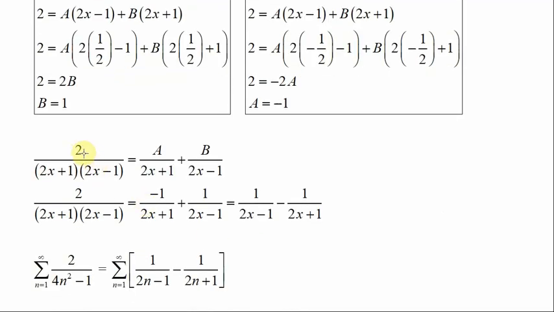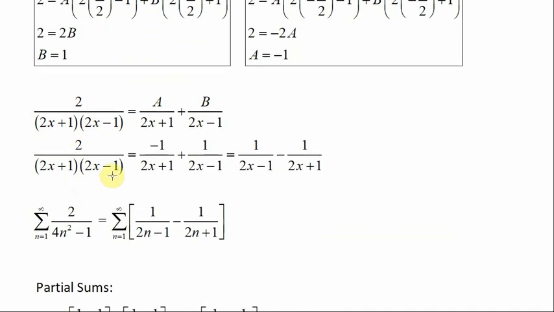So the expression 2 over 2x plus 1 times 2x minus 1 can be rewritten as negative 1, since a is negative 1, divided by 2x plus 1, and then plus 1 divided by 2x minus 1.